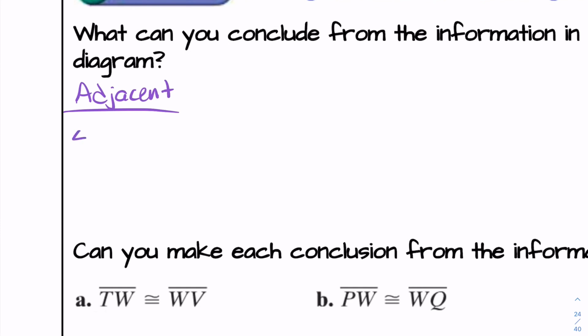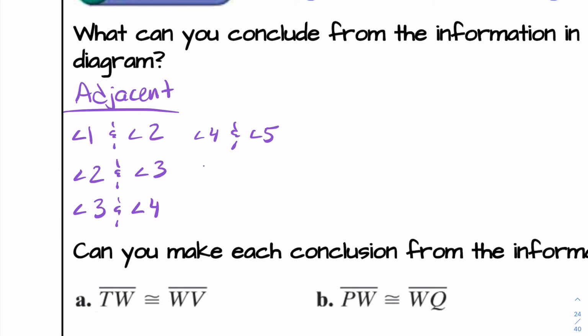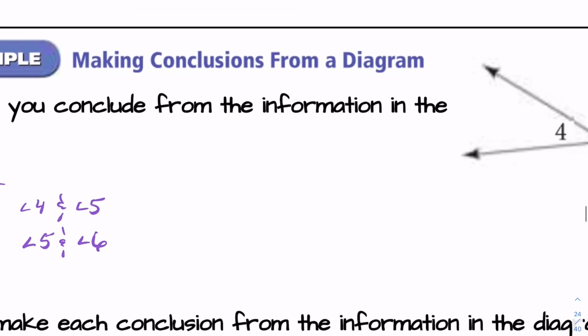Adjacent angle 1 and angle 2, angle 2 and angle 3, angle 3 and angle 4, angle 4 and angle 5, angle 5 and angle 6. Those are adjacent ones.